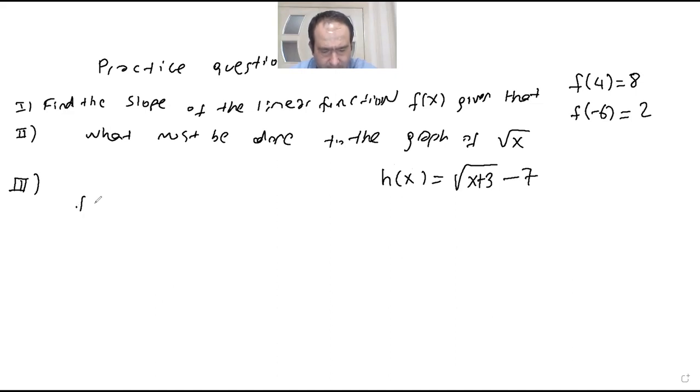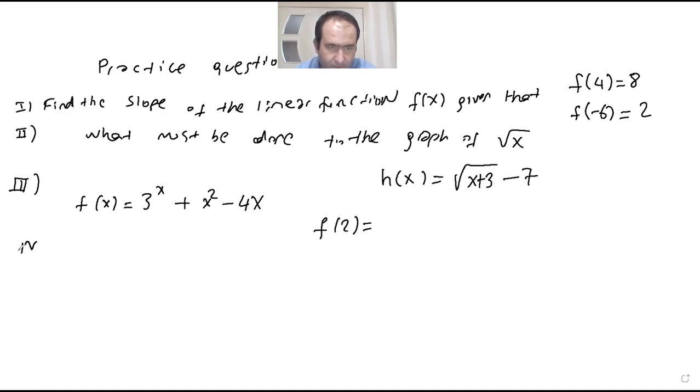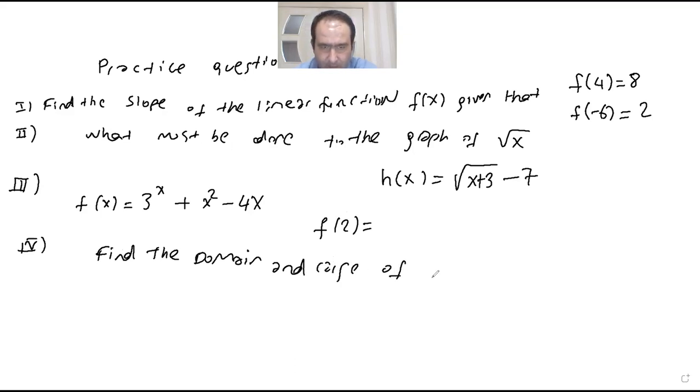Third one, f(x) equals 3x plus x squared minus 4x, and then find f(2). And fourth question, find the domain and range of f(x) equals minus absolute value of x plus 4 minus 3.